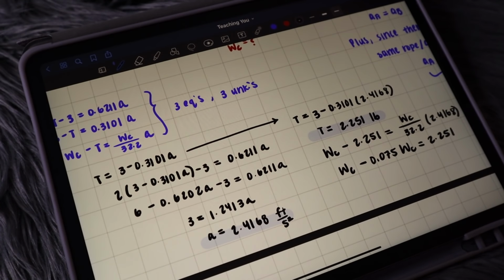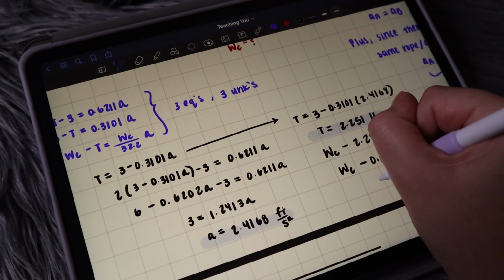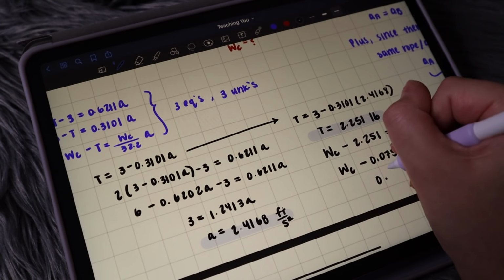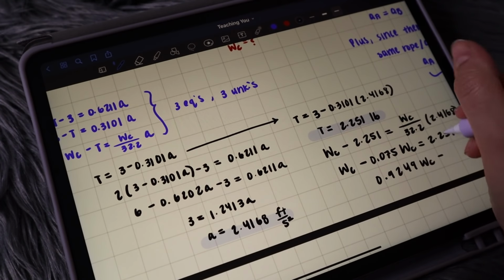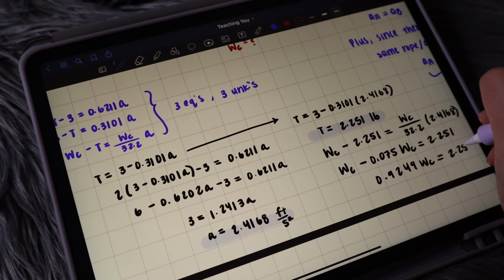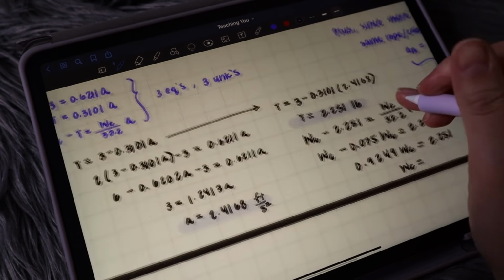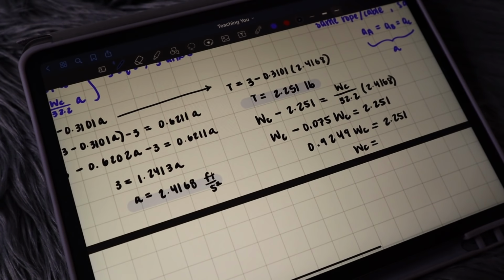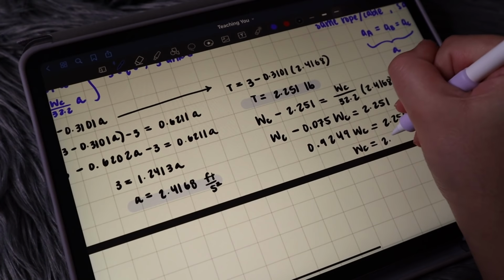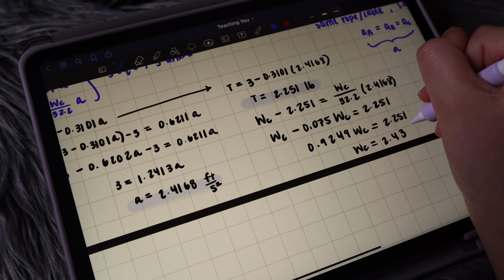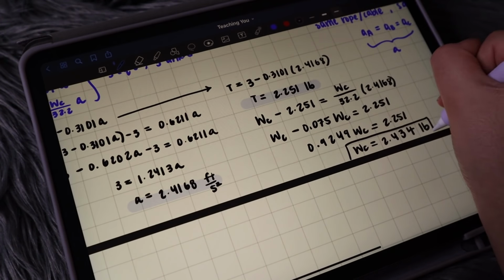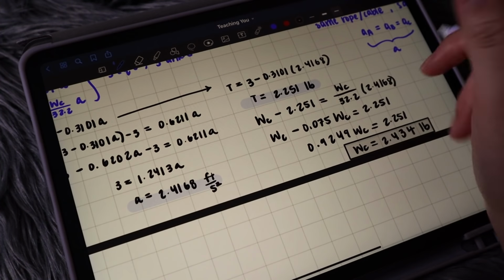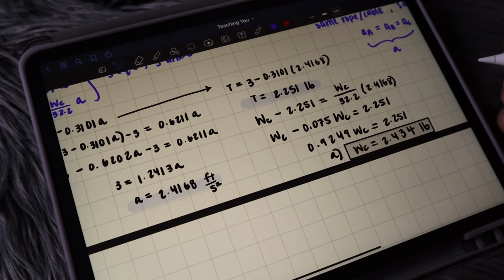So we're just trying to switch everything around so we can combine these two WCs. So doing so, we get 0.9249 WC, and that's going to equal 2.251. And then we just simply solve for the weight of C, which is 2.434 pounds. Alright. So this is the answer for part A.